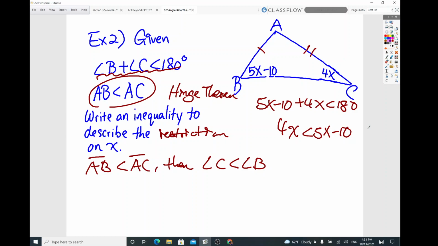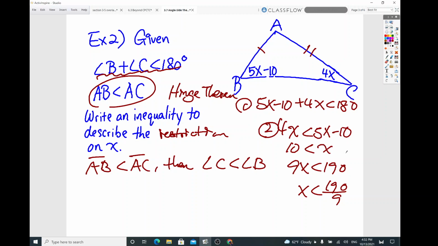So now let's find out what that is. Starting with the first inequality: 5x plus 4x is 9x, less than 180 plus 10, so it's 190. So x is less than 190 over 9. And then for the second inequality, swap the 4x and negative 10. So we get 10 is less than 1x, because 5x minus 4x.